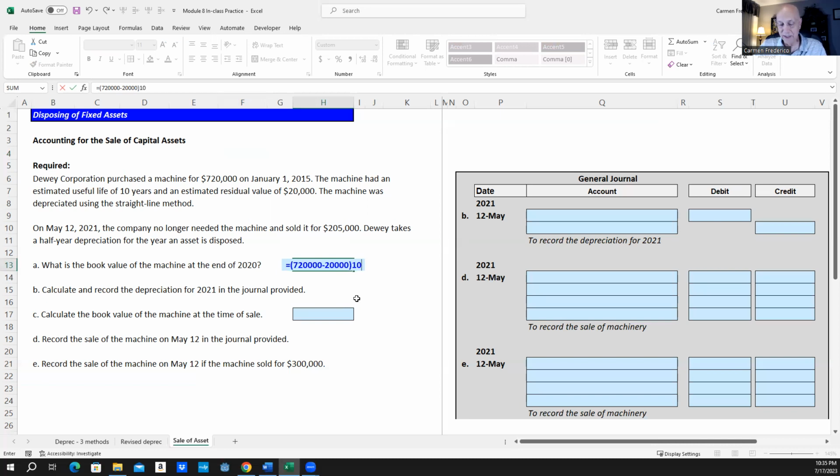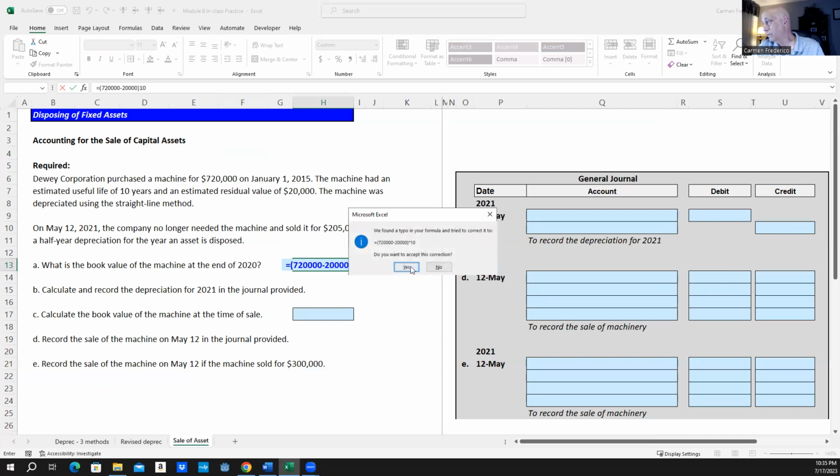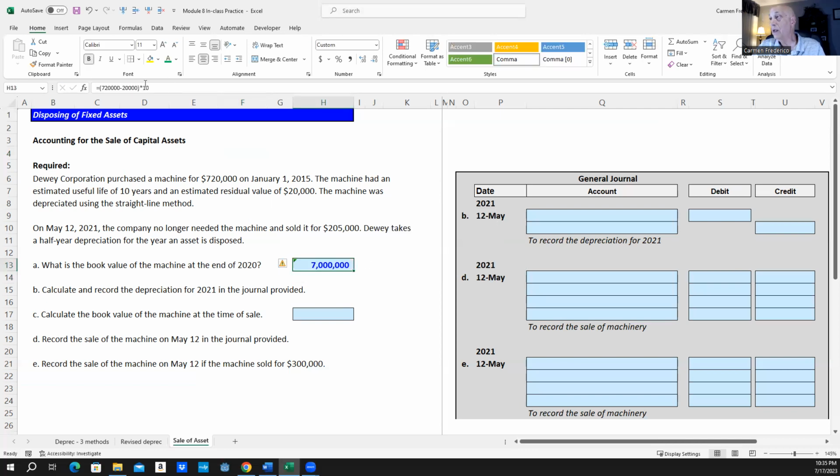So every year they're going to take depreciation of $70,000 every year.